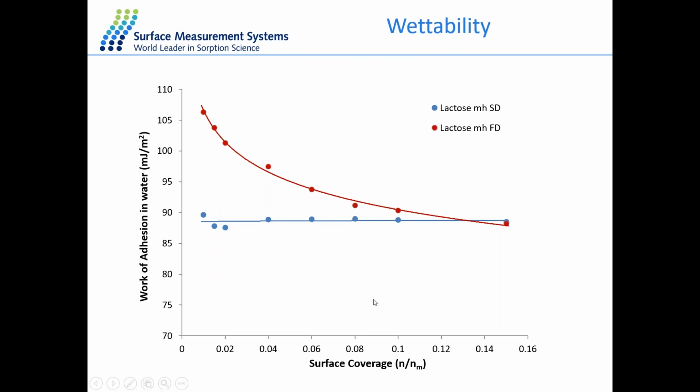What you can see is that with the lactose monohydrate for the spray dried, we have a much more linear and lower wettability compared to the lactose freeze-dried material. Because we have higher surface energy in our freeze-dried material, we will actually have a higher wettability, and this is due to the defects on the surface of the sample.